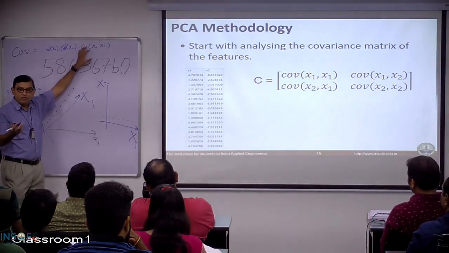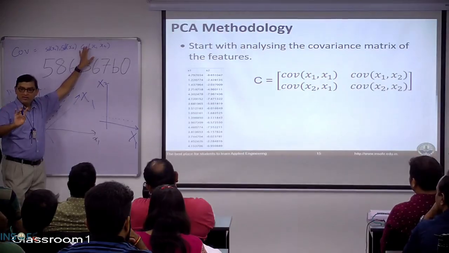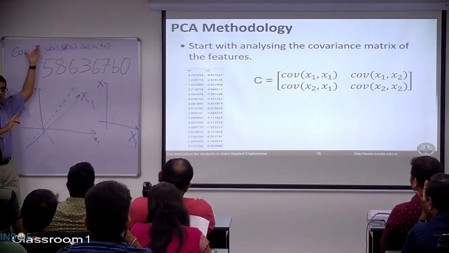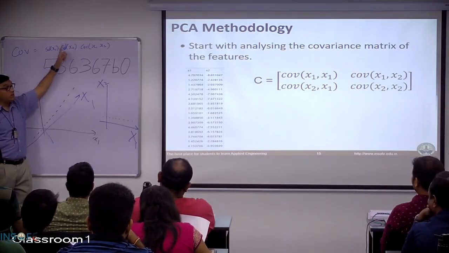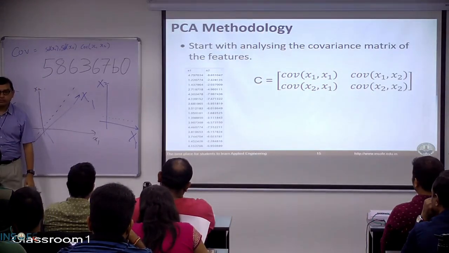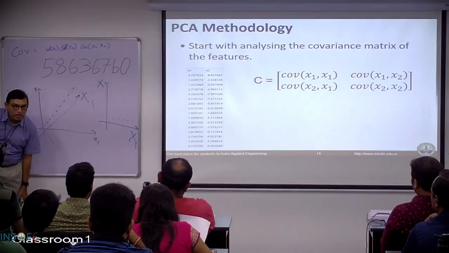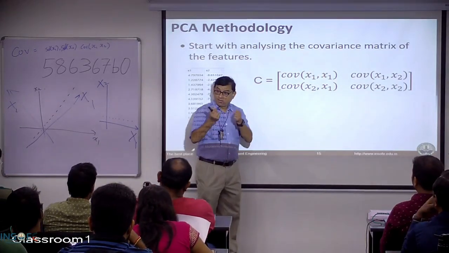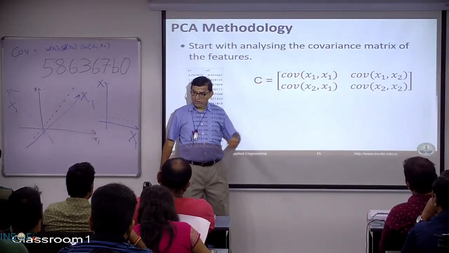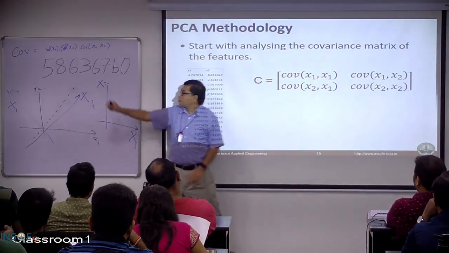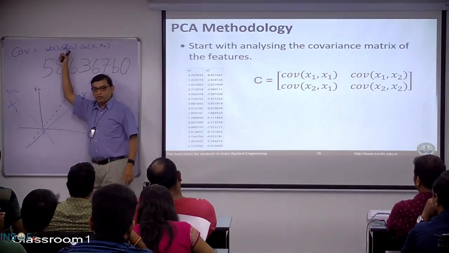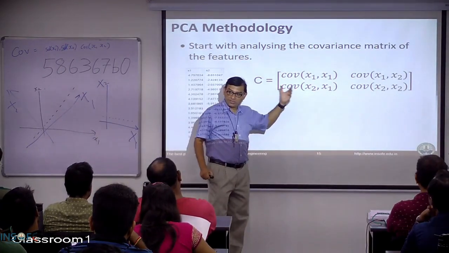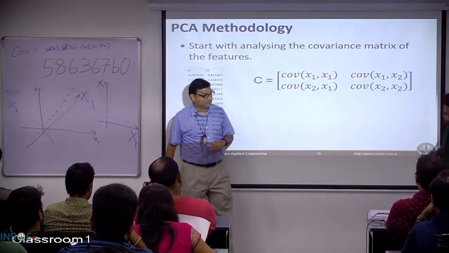Correlation is a number without units. It doesn't have any reference to units. Covariance has units. It has units of x1 times x2. So covariance is a number that has information about the variance inside. It has the same units as variance because it is the standard deviation of 1 times the standard deviation of 2, so it's almost like standard deviation squared.